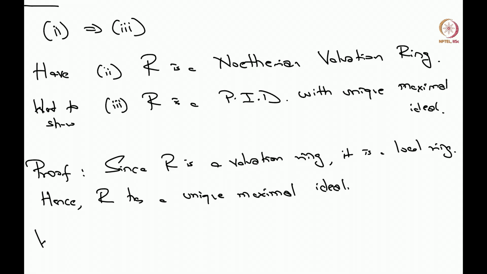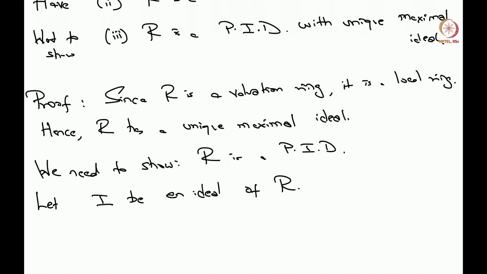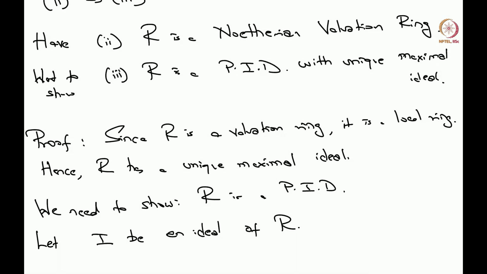Okay, so we need to show essentially that R is a PID. So take an ideal I of R. Now by hypothesis R is Noetherian, which means every ideal of R is finitely generated.